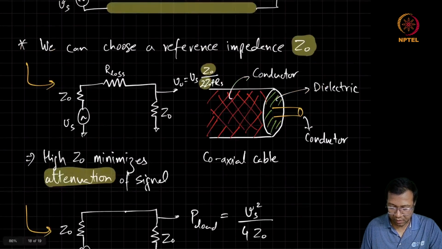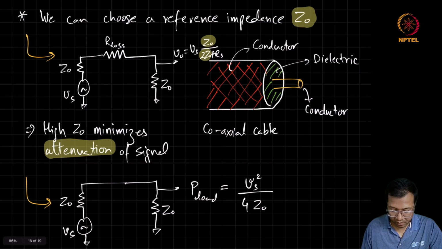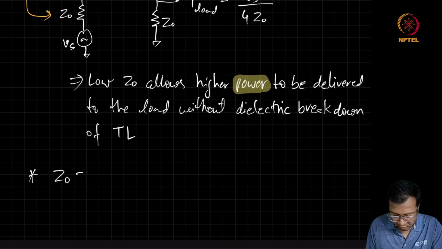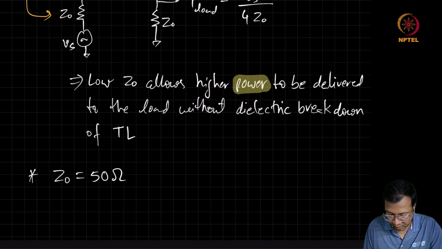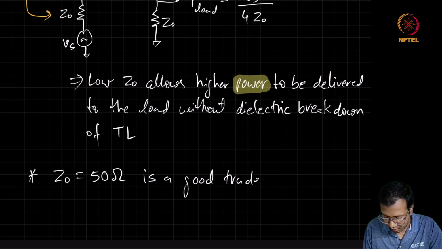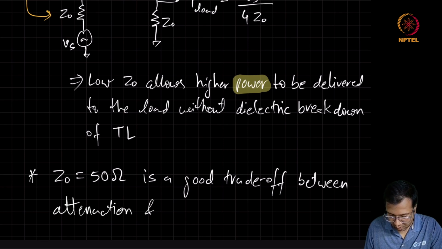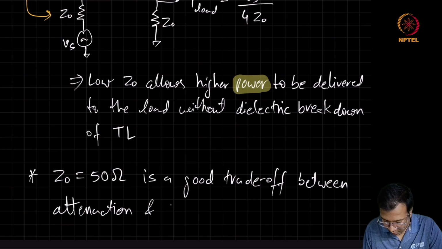Traditionally, these coaxial cables were being used, and it turned out that Z0 equal to 50 ohm is a good trade-off between attenuation and breakdown.